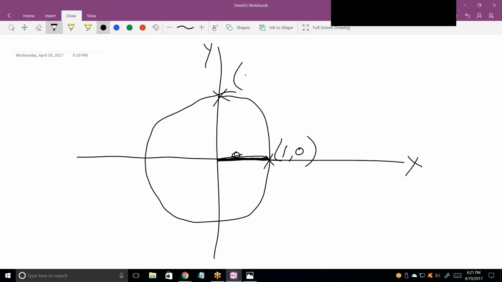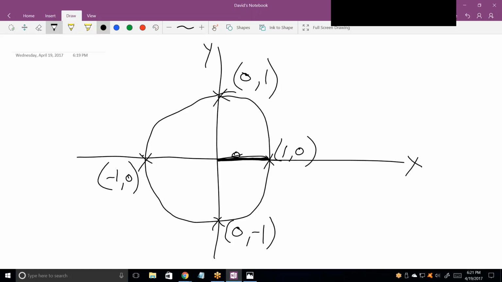There you go. What are the coordinates of this point over here? Negative 1, comma 0. This is because we're on the unit circle, so everything is a length of 1. And finally, this one down here? 0, comma negative 1.